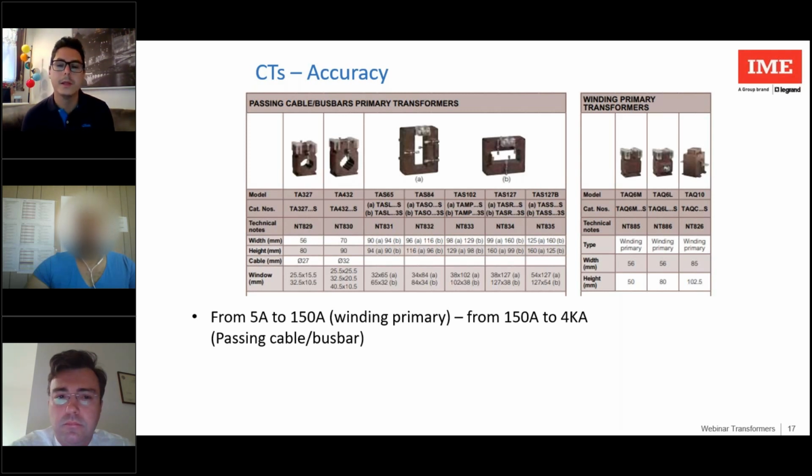For example, for the low current models, up to 500 amps, the saturation is more or less 120%. For the models above 500 amps, the saturation is 100%, so the nominal current, no more. Sorry, can you repeat the last thing? Sorry. So it depends on the model you choose.